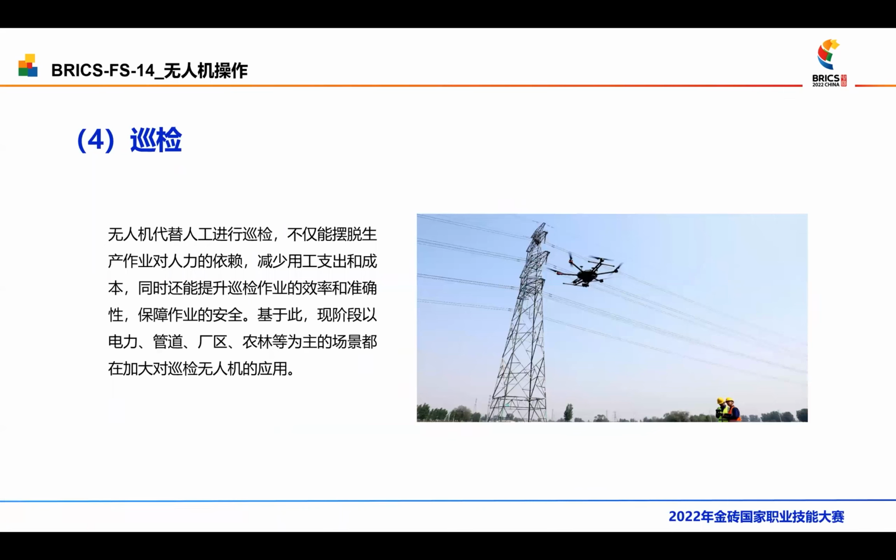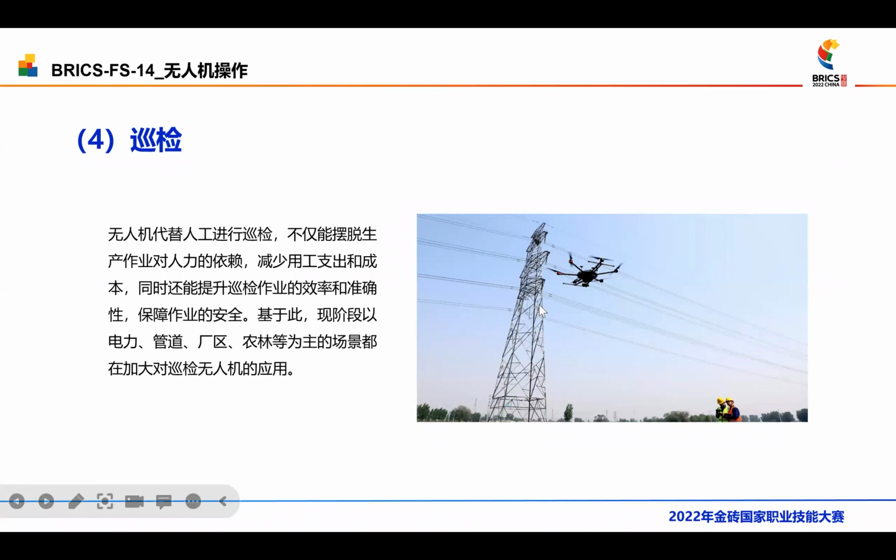The fourth is the inspection. Instead of manual inspection, the UAV can not only get rid of the dependence of production operations on human resources and reduce labor expenditure and cost, but also improve the efficiency and accuracy of inspection operations and ensure the safety of the operation.